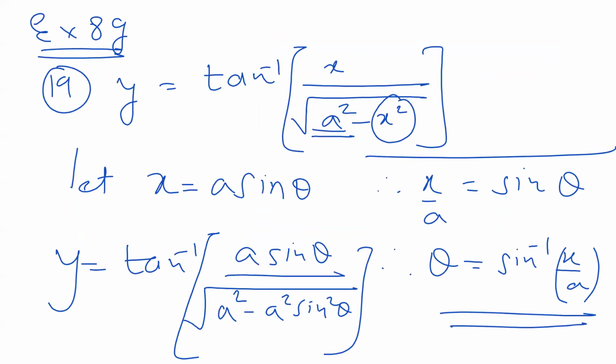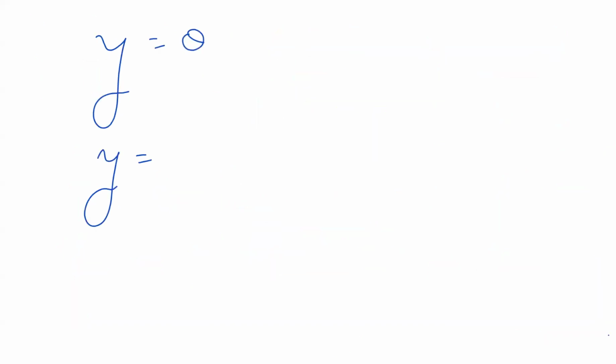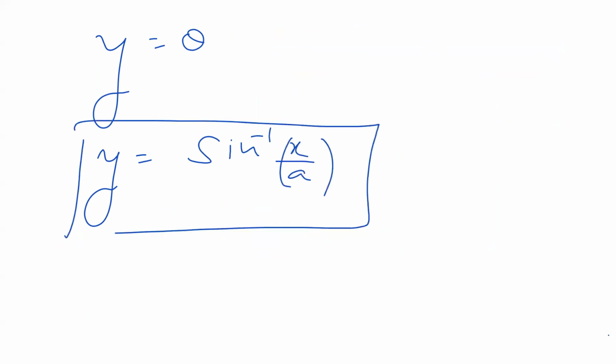So y is equal to theta. What is theta? Theta is nothing but sine inverse x by a. Now derivate this, dy dx of y, which is dy dx of this.